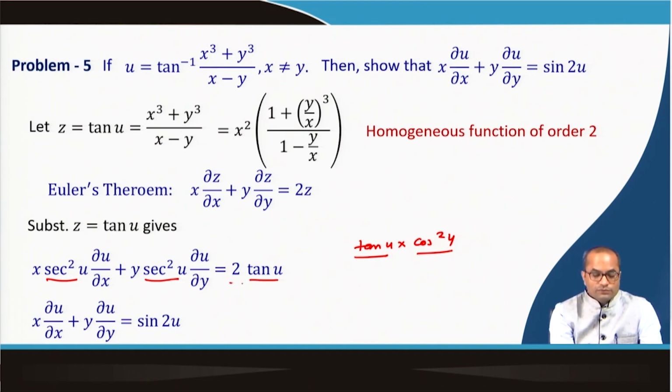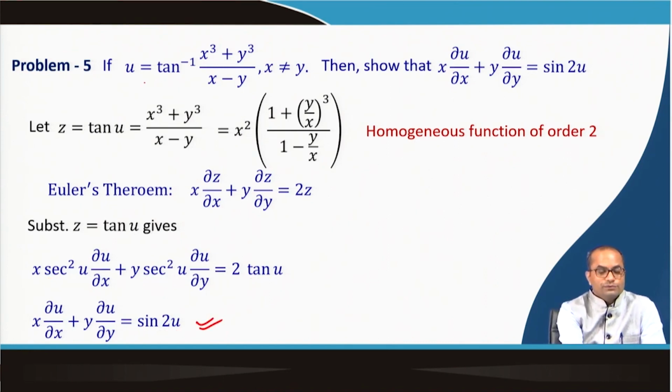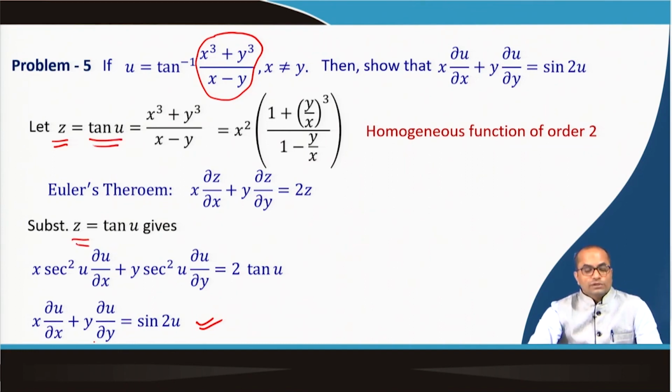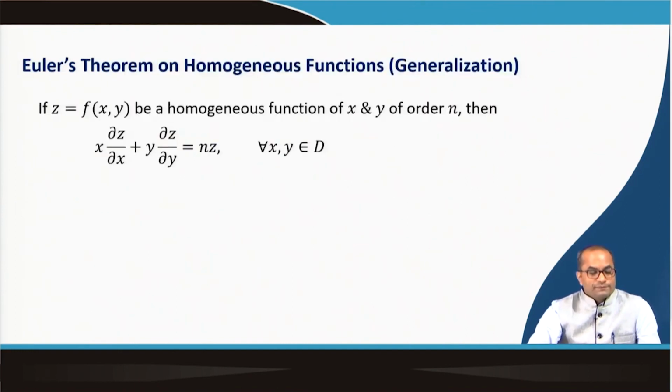So, 2 times sin u cos u, that is sin 2u. So, this is the result we want to prove. Here we have used the idea that this is a homogeneous function. So, we applied that Euler's theorem on tan u, and then after this back substitution we got the result in terms of u and x and y.